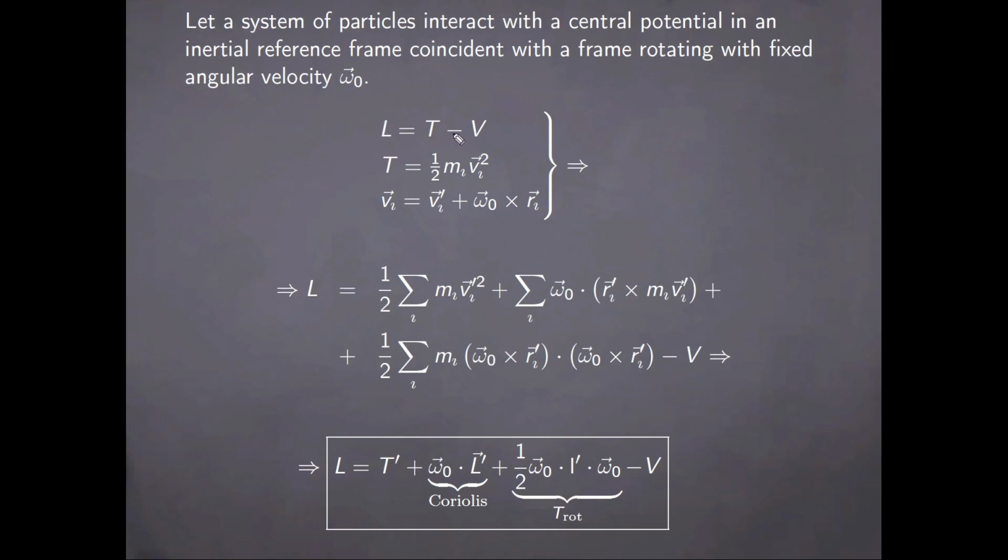Then the Lagrangian is just T minus V. The kinetic energy is given by the usual summation over the masses and product between masses and the squared velocities of the particles, and we can write the velocities down according to the motion of the rotating frame. So if we put all of these things together, then the expanded Lagrangian, written with respect to the rotating frame, has four terms.